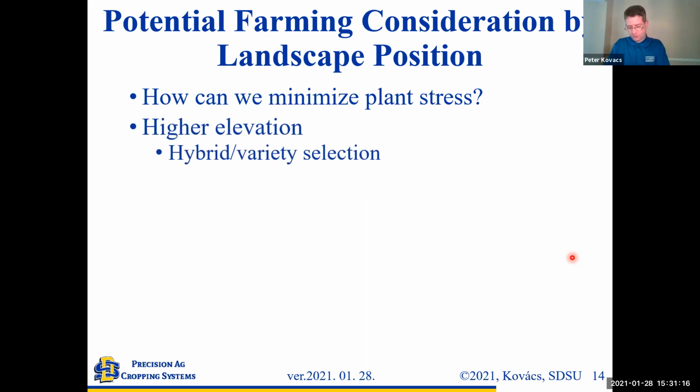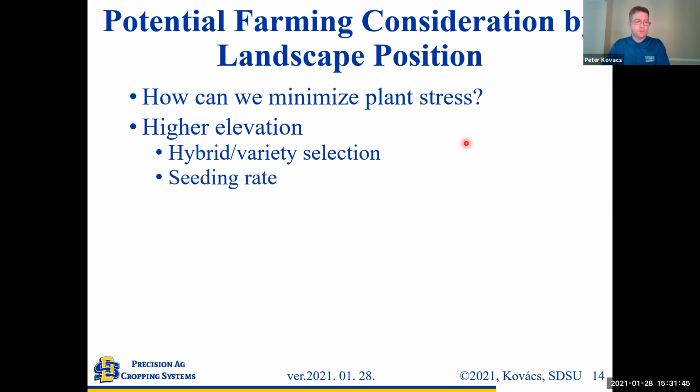At the higher elevation, again, it depends on the typical weather conditions whether this would be the better yielding or the lower yielding area. But if we anticipate drier weather conditions, probably this would be the lower yielding area. Are there hybrids or varieties out there which could better withstand these stressful conditions?